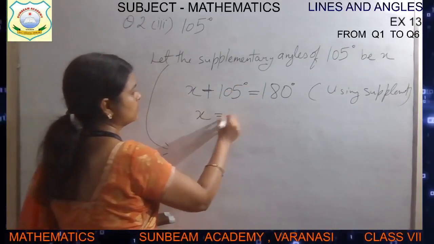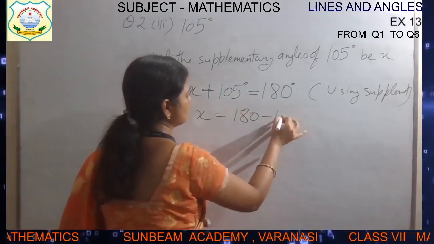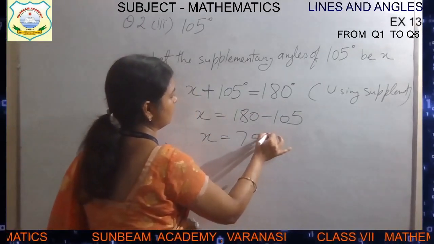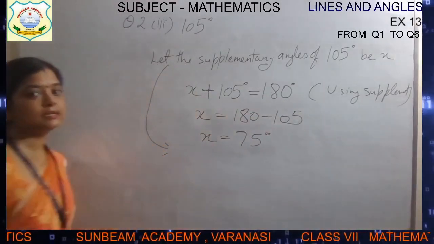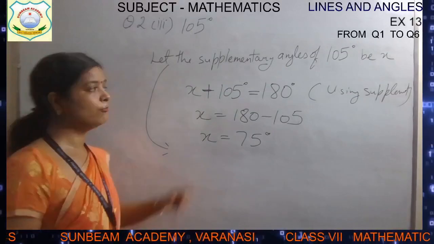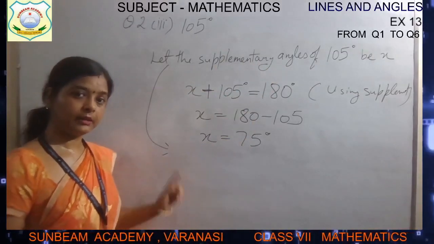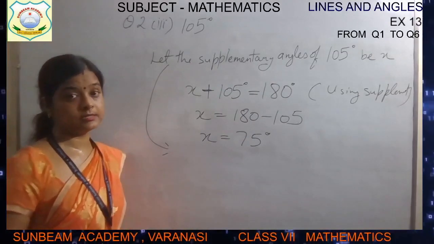So x is equal to 180 minus 105. So x is equal to how much? 75 degree. Hence, the supplementary angle of 105 degree is 75 degree. Write the complete statement answer.